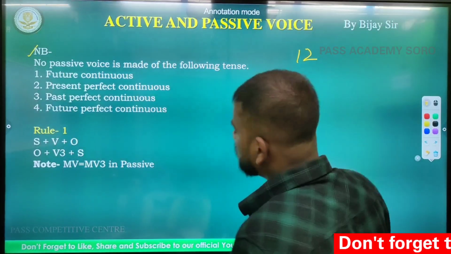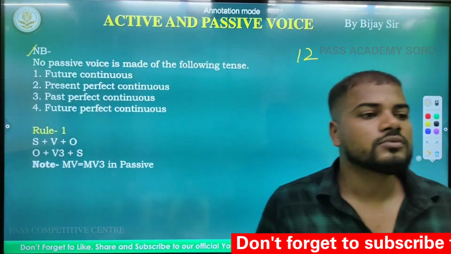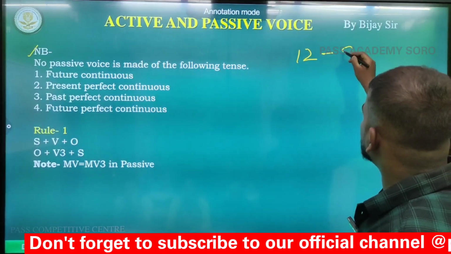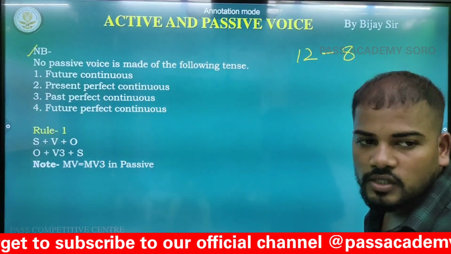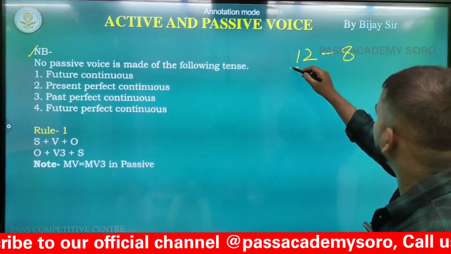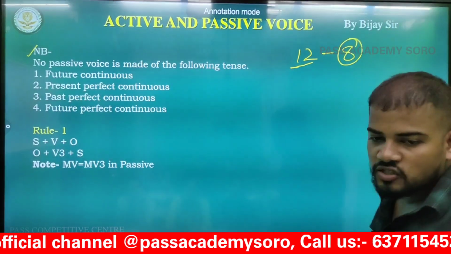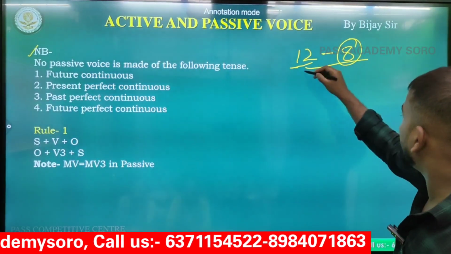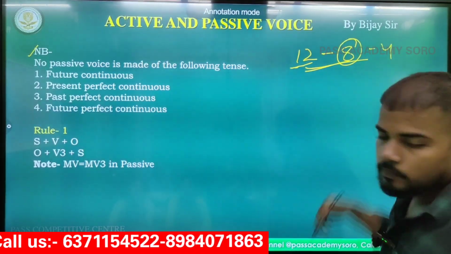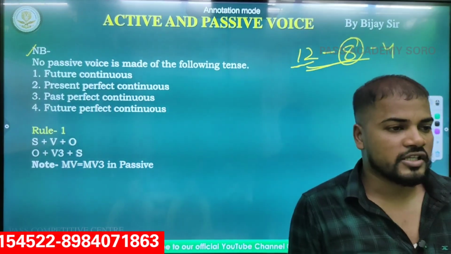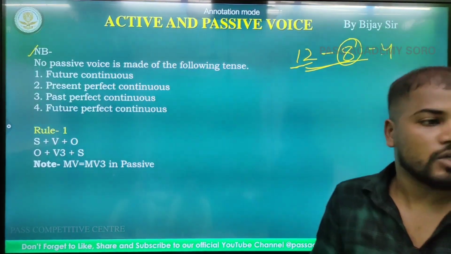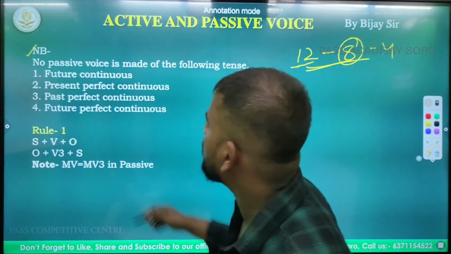Out of 12, we can change only 8 from active voice into passive voice, but there remain four types of tenses that we cannot convert from active voice into passive voice.